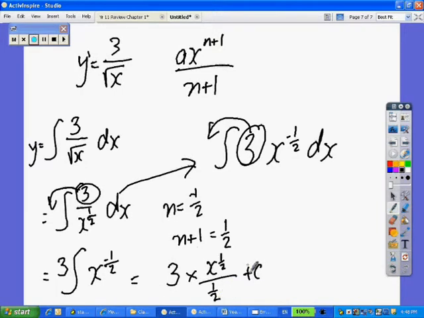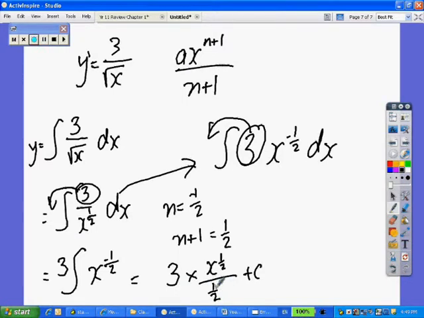Now I can clean this up. So 3 times x over 1/2 is really the same as saying 3 times 2, because if I divide by a fraction, that's the same as flipping it.